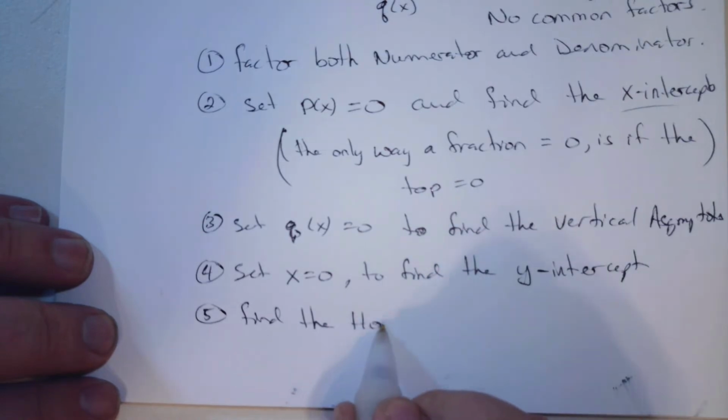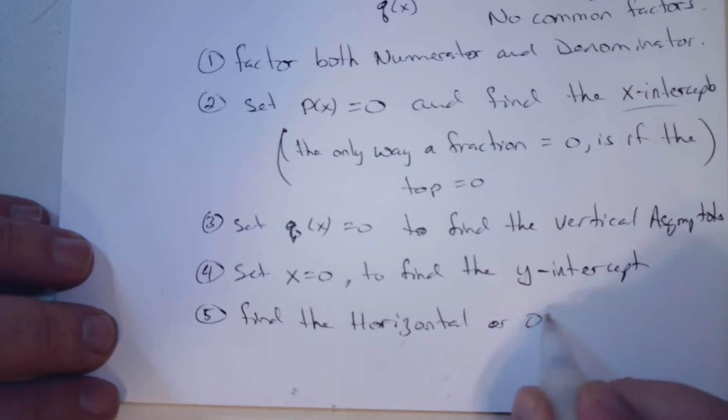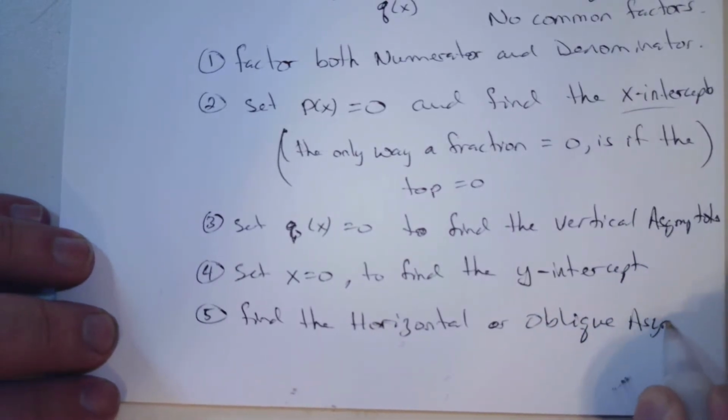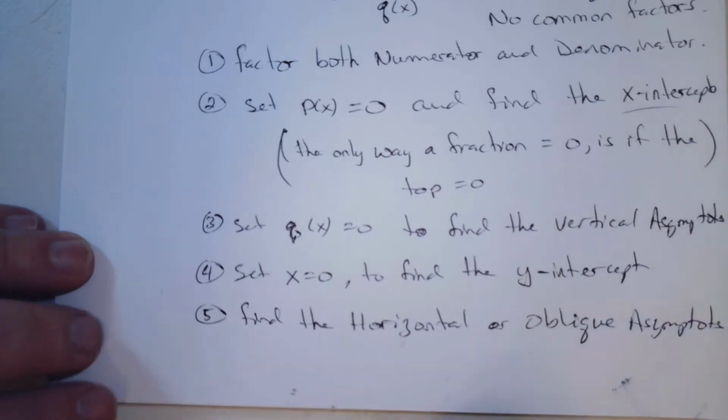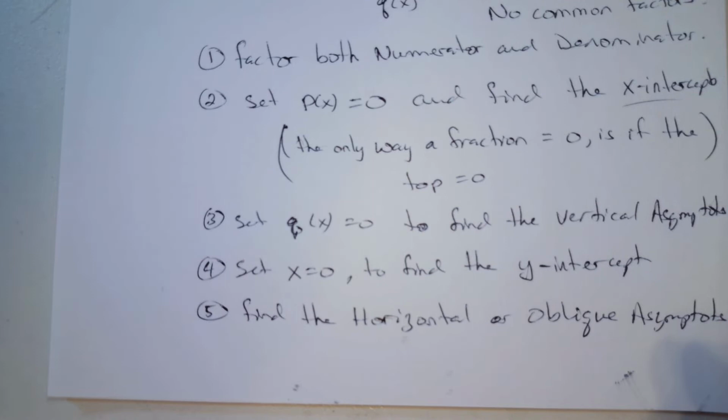Then find the horizontal or oblique asymptotes. Those are pretty much the 5 steps. We did away with looking at what happens if we have the same top and bottom. We're not looking at that; we'll look at it later on in one of the examples.